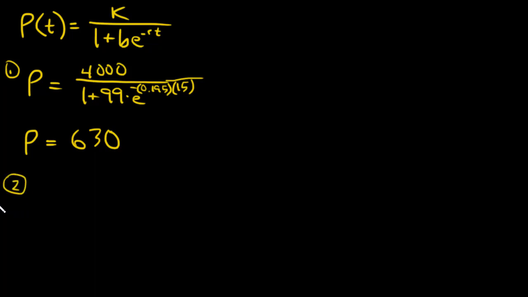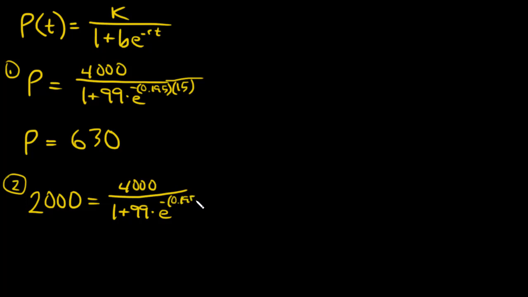Alrighty, now we're going to look for how long it would take for the population to hit 2,000. So for that one, we know what the P of T is. P of T is 2,000, and we can fill in the rest of the pieces. We have our K, we have our 1 plus our B, which is 99, times e to the negative 0.195 times an unknown t.